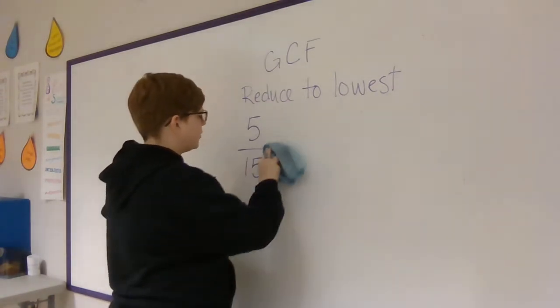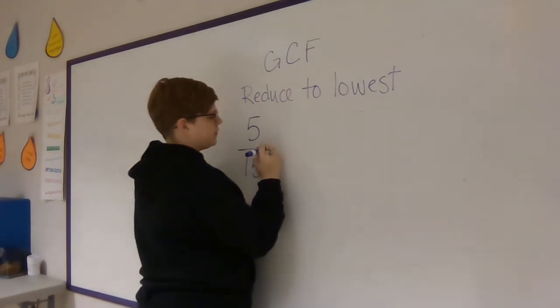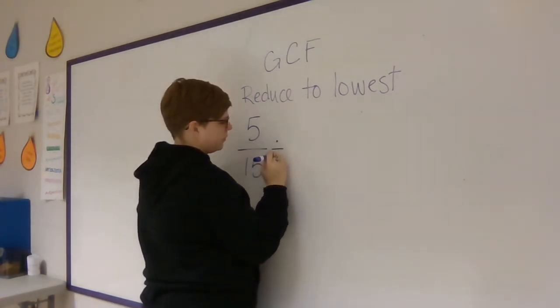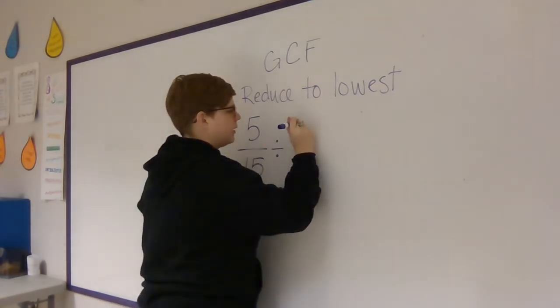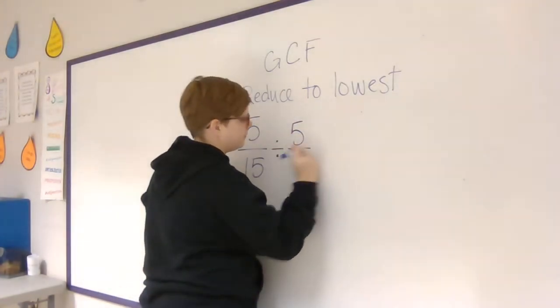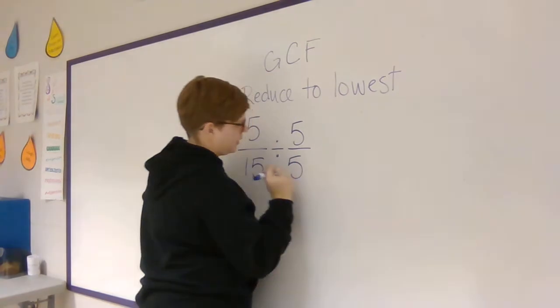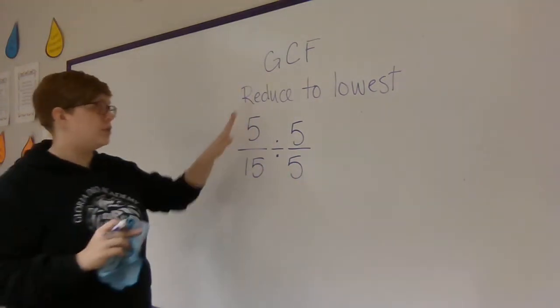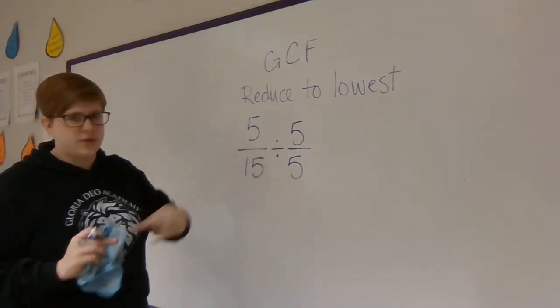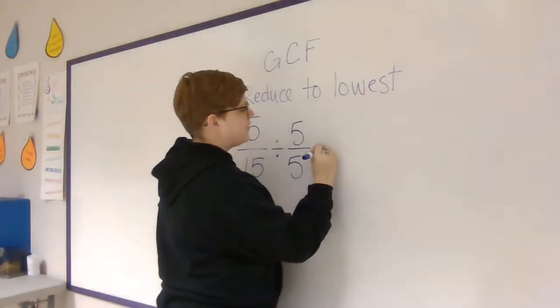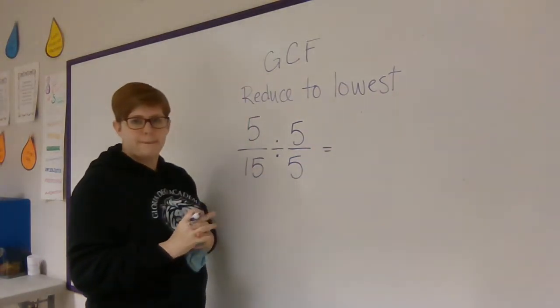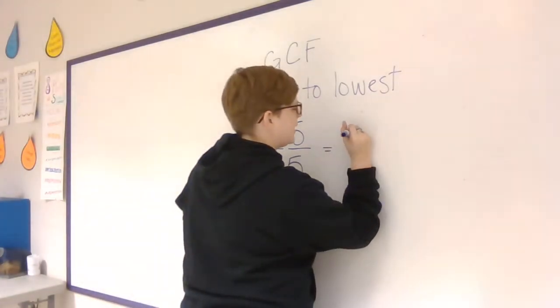So now I'm going to divide 5/15 by 5, because that was my greatest common factor. So remember, when we're reducing, we need to divide both sides, not just one. 5 divided by 5 is what? 1.